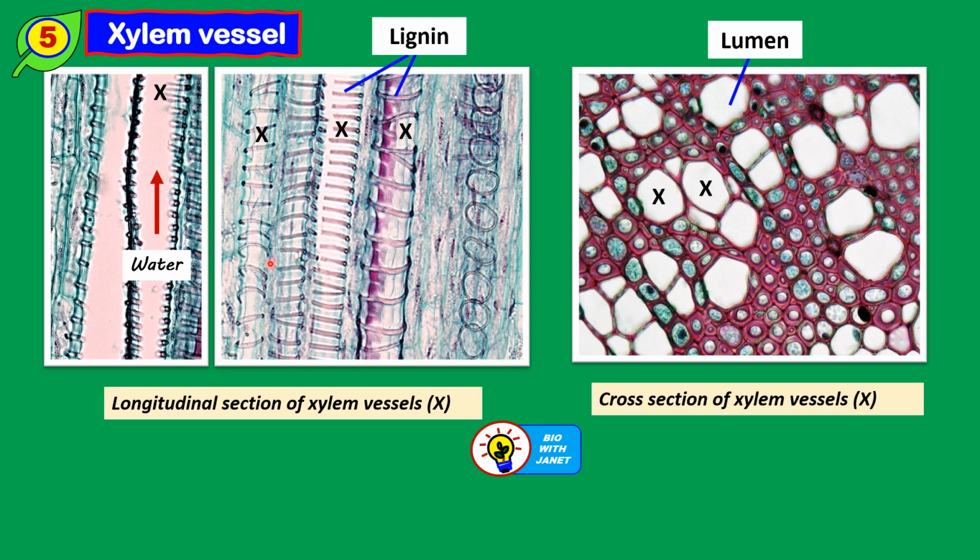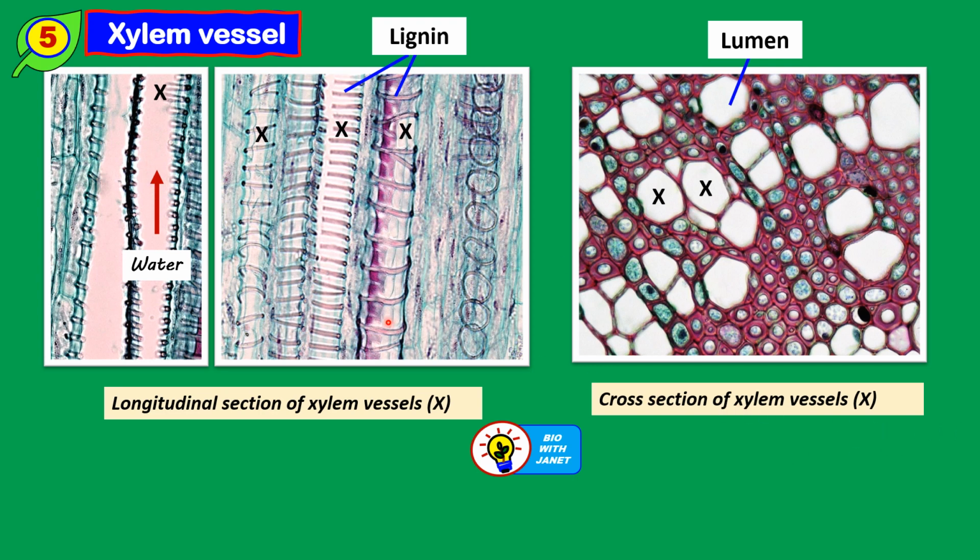And you can see here it has a lot of lignin in these rings to strengthen and give support to the xylem vessels so that they do not collapse when they transport water. Okay, this is the hollow center inside the xylem vessels that are joined end to end, forming a long continuous tube to transport water continuously from roots to other parts of the plant.